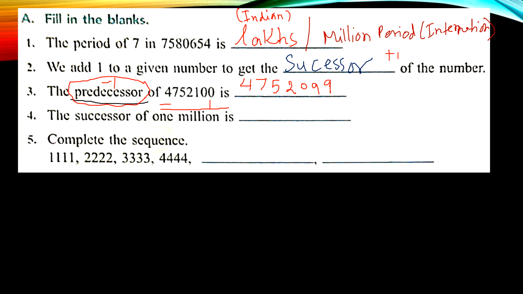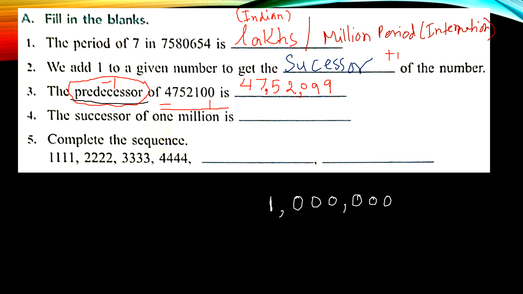If you go for the Indian system, you can read it as 47 lakhs 52,099. Then, successor of 1 million is. Let's write 1 million first. This is for the ones period, this is for the thousands period, and you get 1 million.